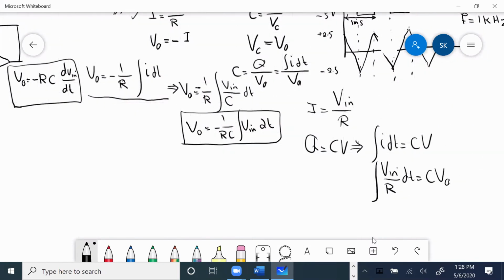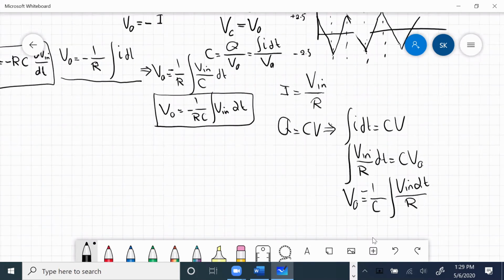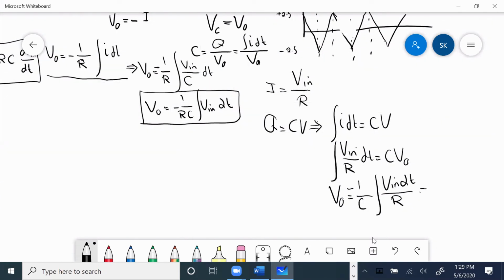Yeah. So then I say, of course, with the negative sign, V out is 1 over C integral V in dt over R. And then I call this V out equals minus 1 over RC integral of V in dt.